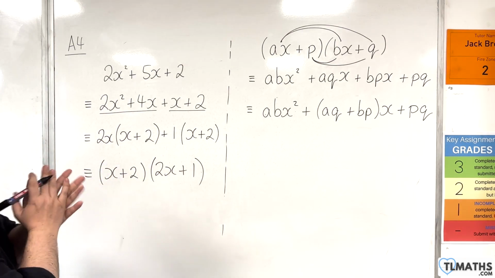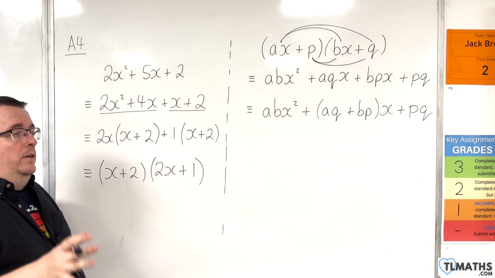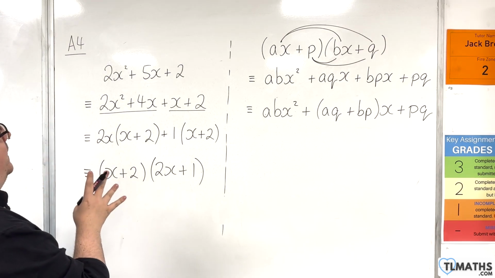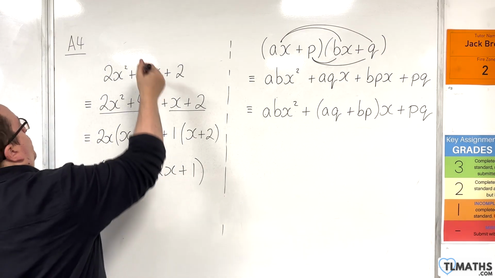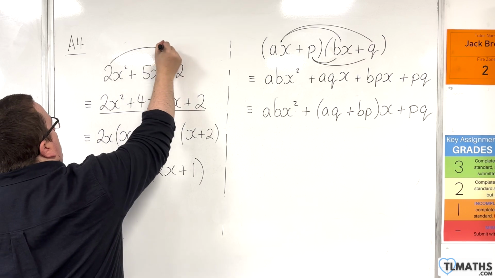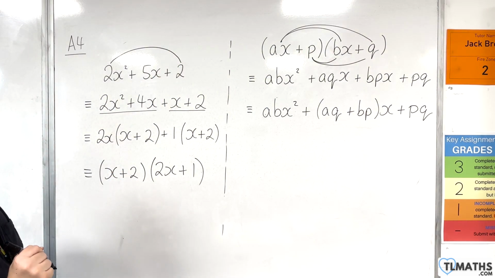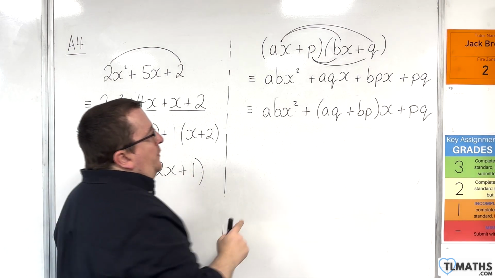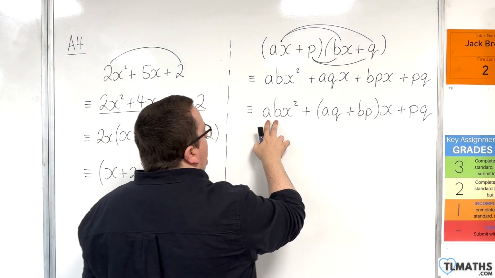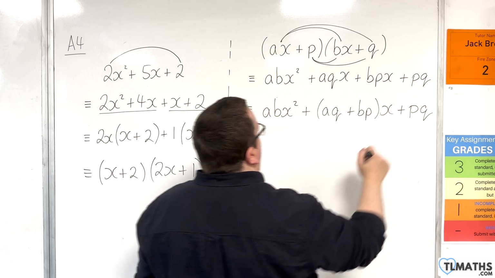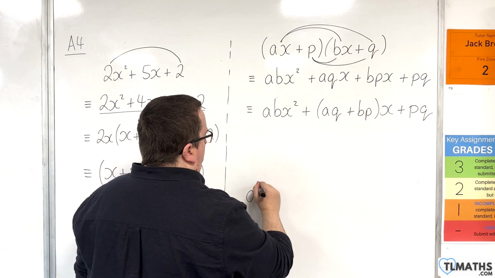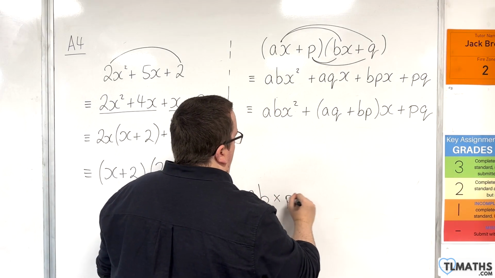So let's think back to what we did right at the beginning for this example. We multiplied the coefficient of x squared by the constant term, 2. Okay? Now, if I did the same thing here, I'd be multiplying the ab by the pq.